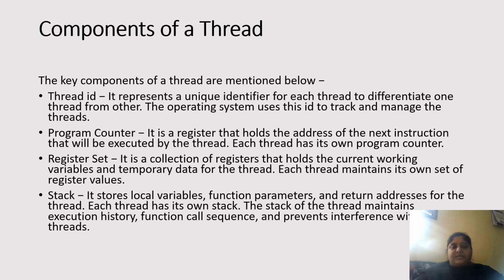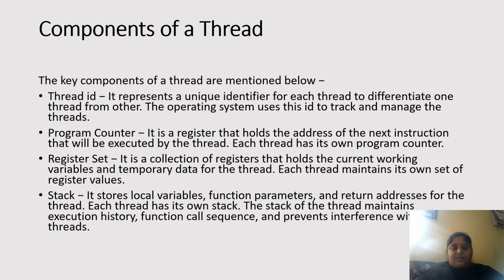Okay, next one is the register set. A register set is a collection of registers that holds the current working variables and temporary data for the thread. Each thread maintains its own set of register values. Next component is the stack.